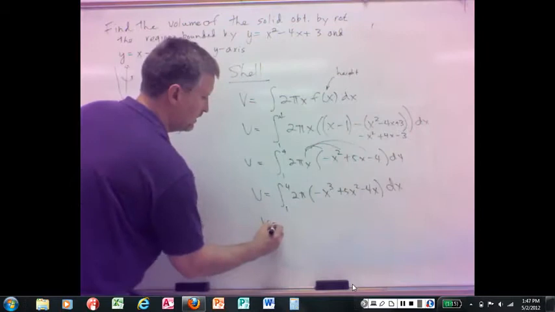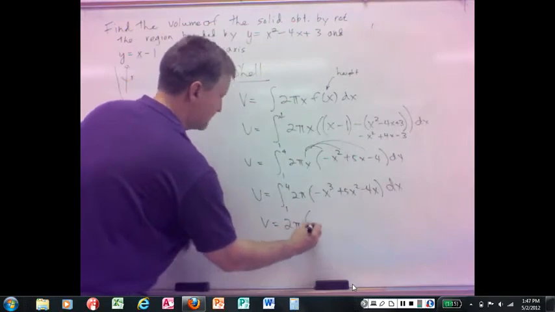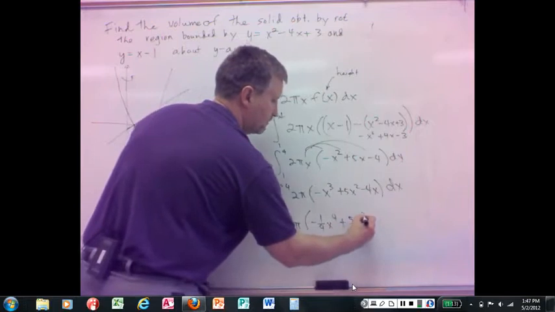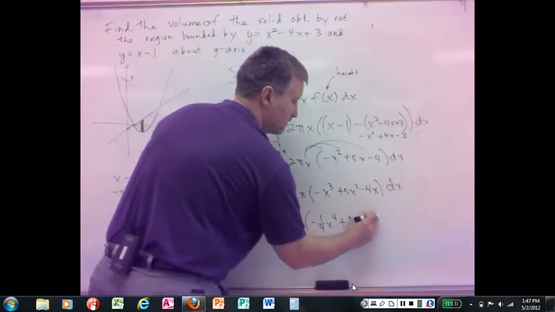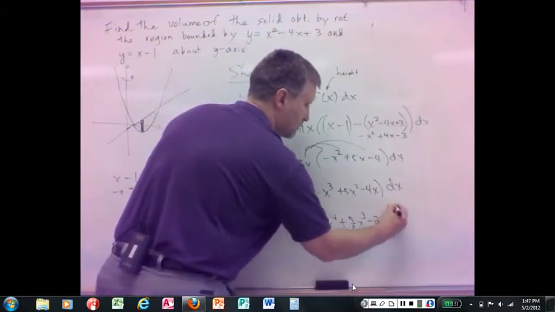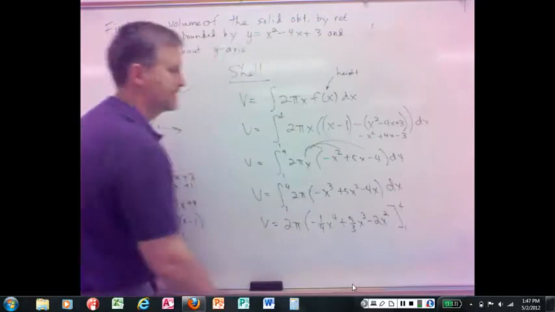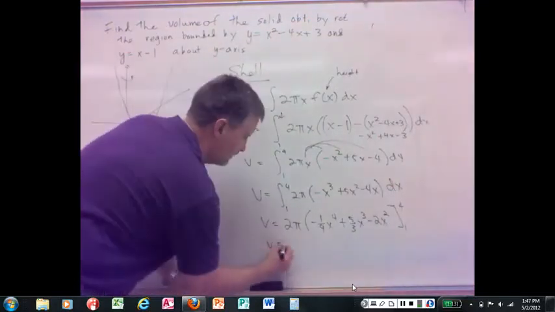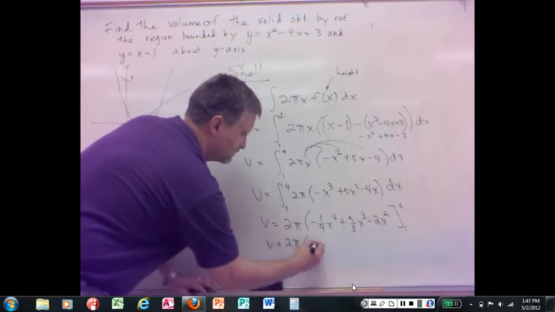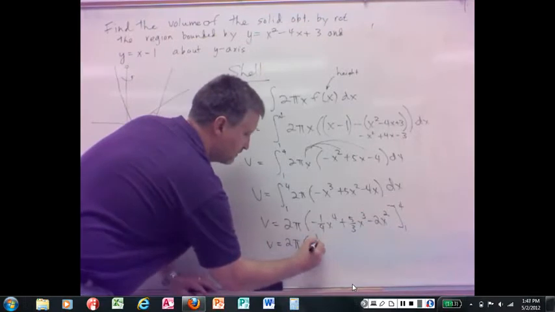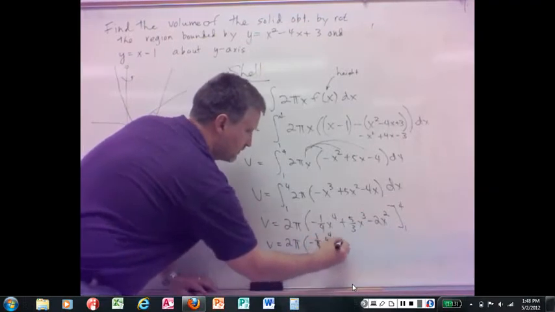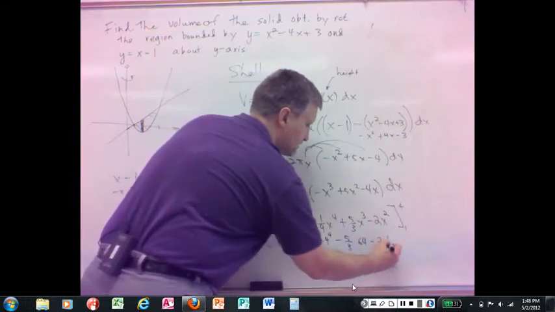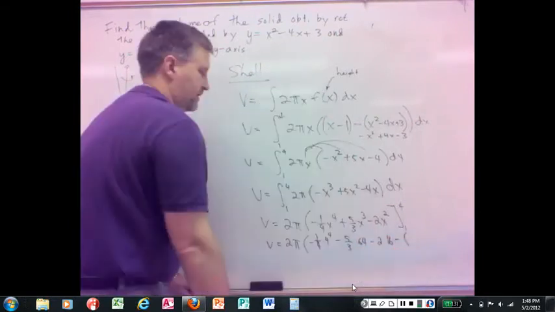So that's 2 pi times minus 1/4 x to the 4th plus 5/3 x cubed minus 2x squared from 1 to 4. That's 2 pi times minus 1/4 times 4 to the 4th plus 5/3 times 64 minus 2 times 16.